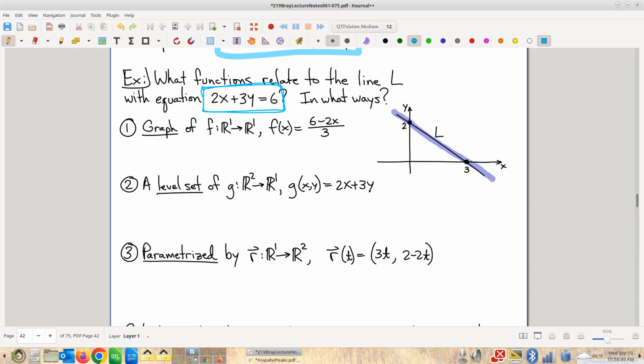That's not a function for which one of the level sets is that line. That's an equation representing one of the level sets. The equation is produced from the function, right? The function is this thing right here.